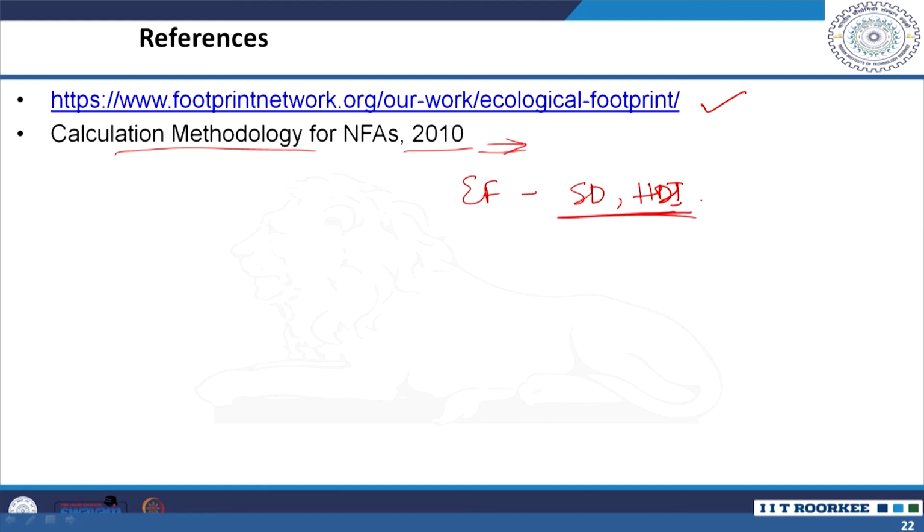You can further analyze and explain the relationship between ecological footprint and sustainable development, and what kind of correlation there might be among ecological footprint, sustainable development and other sustainability indicators like the human development index. You can explore more by understanding the ecological footprint as an indicator of sustainability. Thank you.